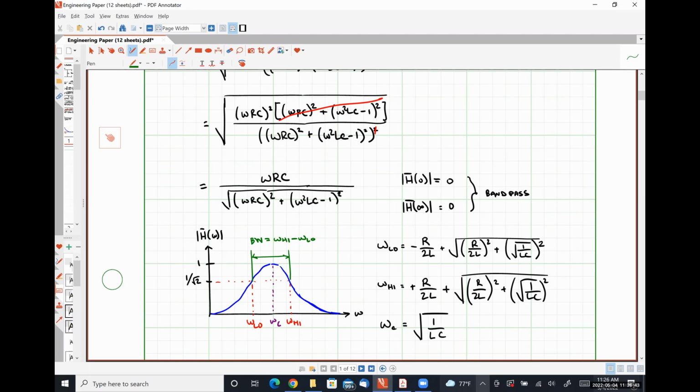For this simple second order filter, if we subtract this guy right here from this guy right here, effectively we're going to have R over 2L plus R over 2L, or twice R over 2L, or just R over L. So the bandwidth of our filter is defined entirely by the resistance and the inductance.